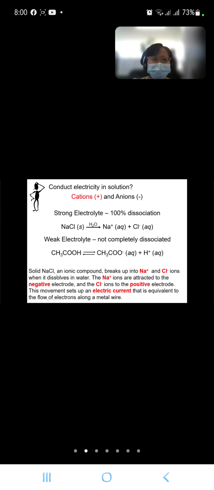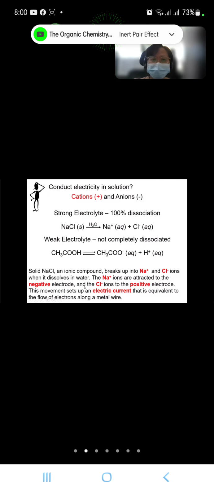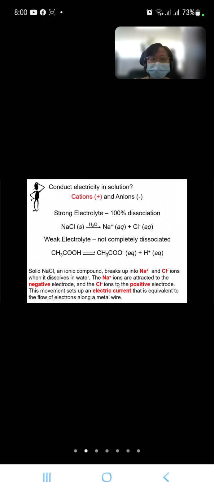So solid sodium chloride, which is an ionic compound, breaks up into sodium ions and chloride ions when it dissolves in water. The sodium ions are attracted to the negative electrode, and the chloride ions are attracted to the positive electrode.